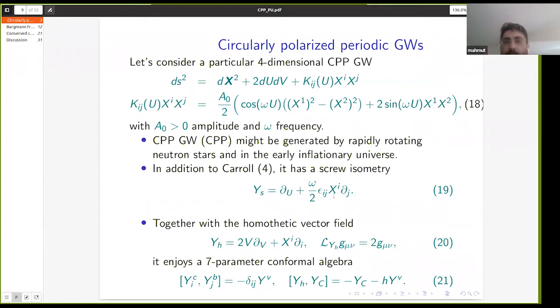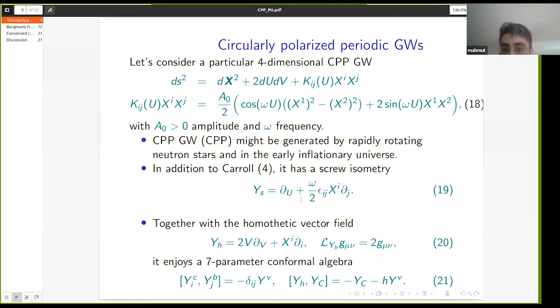Once you work out this definite space-time, because of this very symmetric profile, you have an extra symmetry vector. It is really particular to this Kij. So it's not an addition by hand. It is just there because your profile is very symmetric.